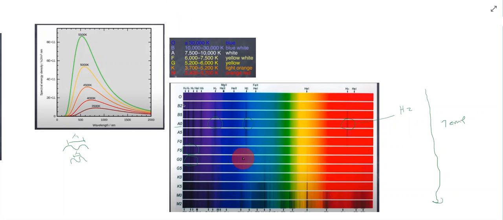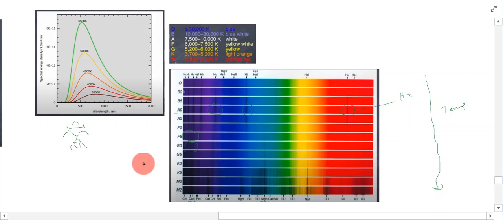As the star starts to cool down, it allows for more complicated elements to be formed because there's not as much energy keeping the elements apart. And you'll start to get simple compounds being formed. If you look down here at these M class stars, for example, you're starting to see titanium oxide, and you have a lot more wavelengths of light being absorbed out.